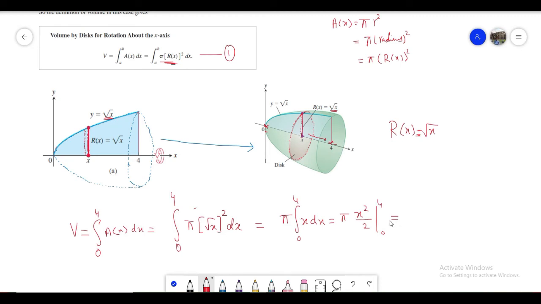Evaluating the limits of integration, we get pi times 4 squared divided by 2, and because the lower limit is 0, it is equal to 8 pi. So the volume covered by this solid is 8 pi.